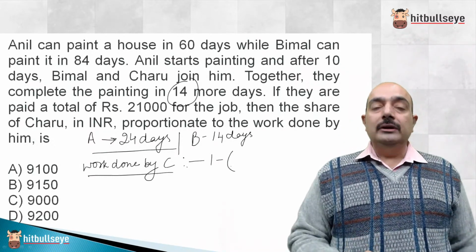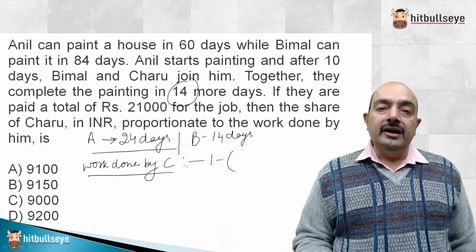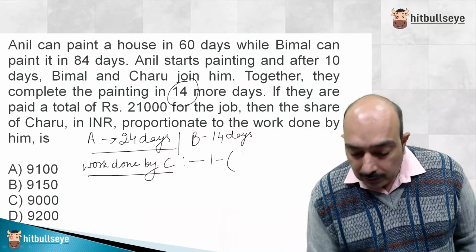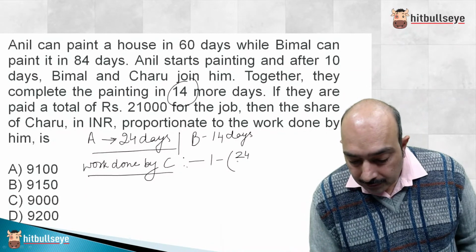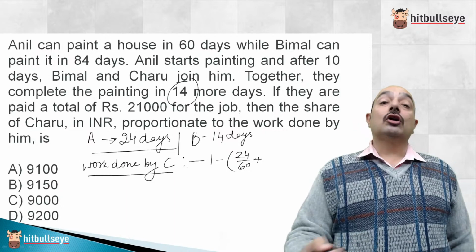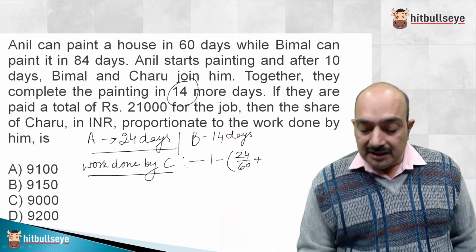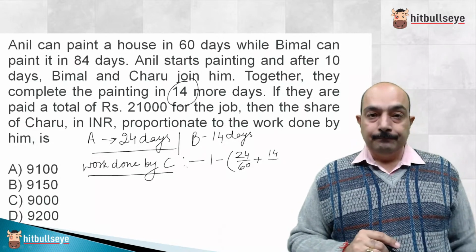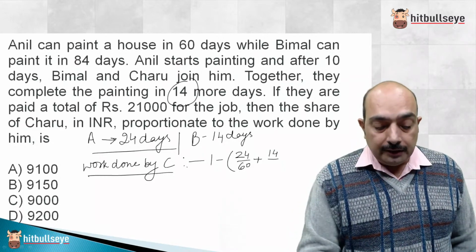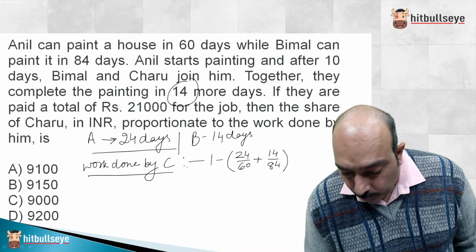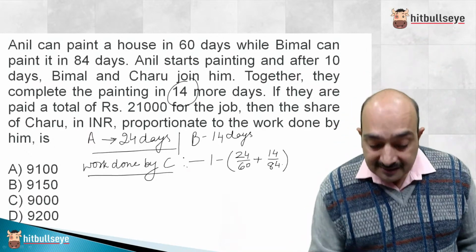If Anil can do in 60 days, his 1 day work would be 1 by 60 and his 24 days work would be 24 by 60, plus. Let us talk of B. So B has worked for 14 days, and he can complete in 84 days.